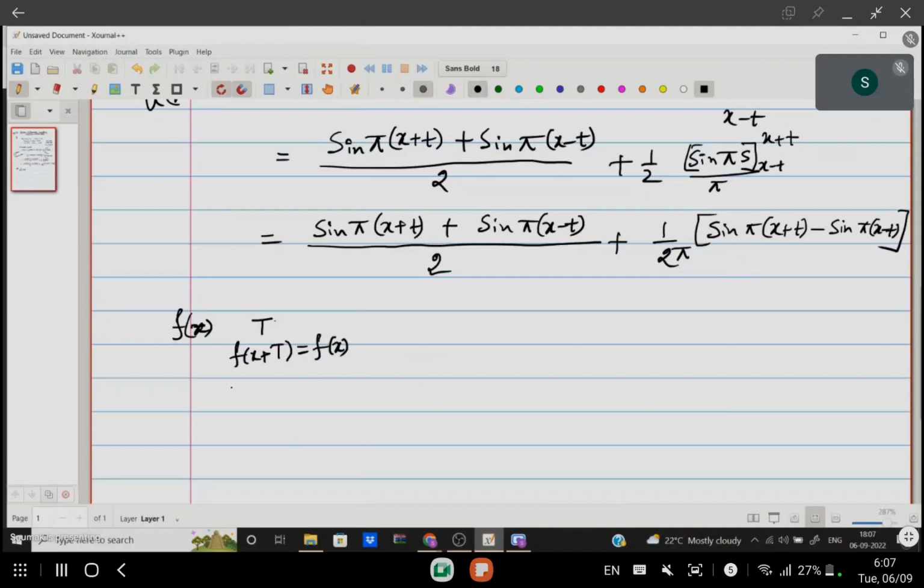Here you consider u as f(x), that is u(x,t), just for convenience. So can you tell what is capital T, or if I replace T by alpha, what is my alpha called? For a function, if this type of situation holds, then what is alpha? Alpha is the smallest. What is the name for alpha? Please tell me.